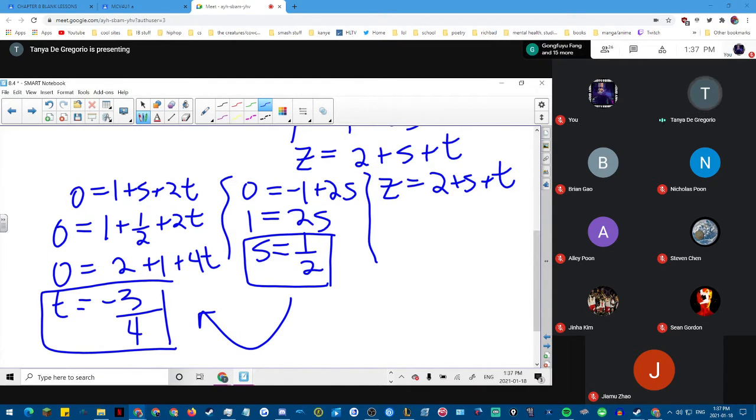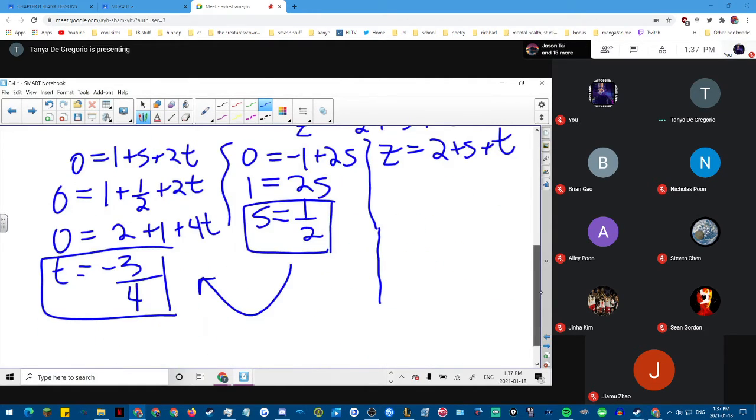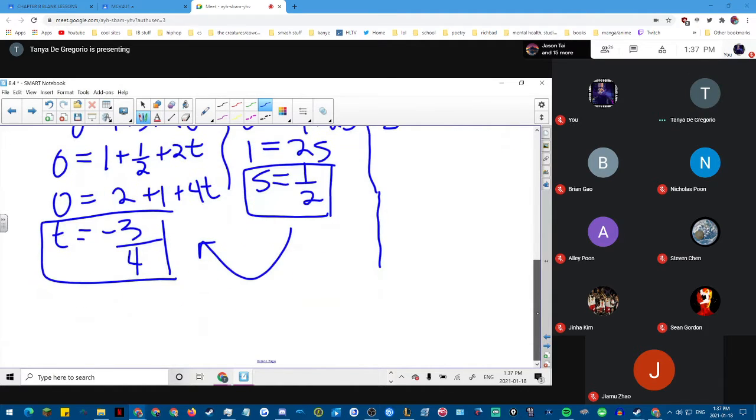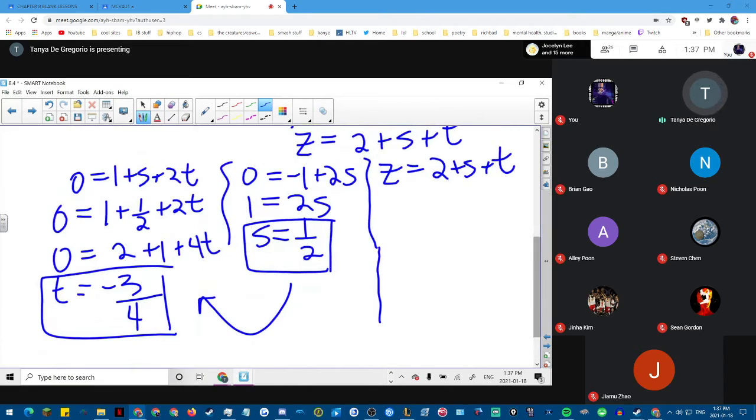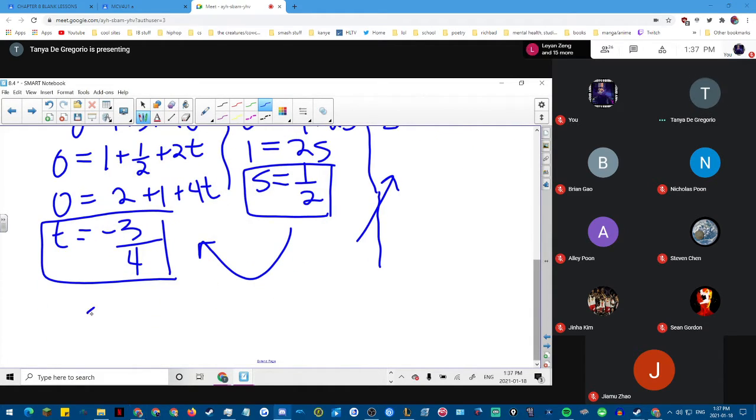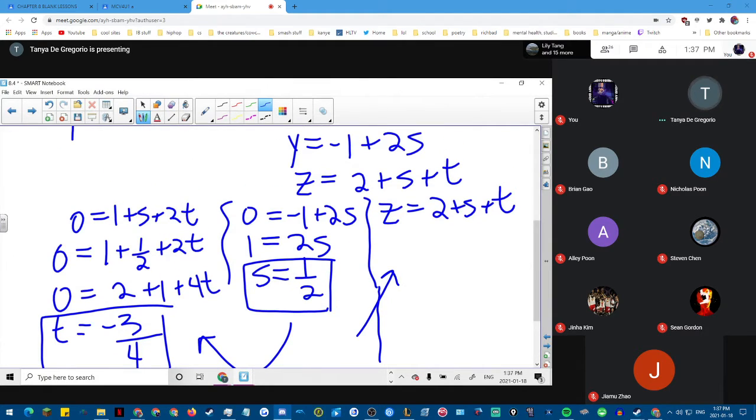Are there any questions? Okay, so I still haven't solved the problem. I need to find z. But what can I do now? Sub in both values. Yeah, we know that z is equal to 2 plus s plus t. So I can sub s and t into this. I want to reference it, so I'm going to label them.